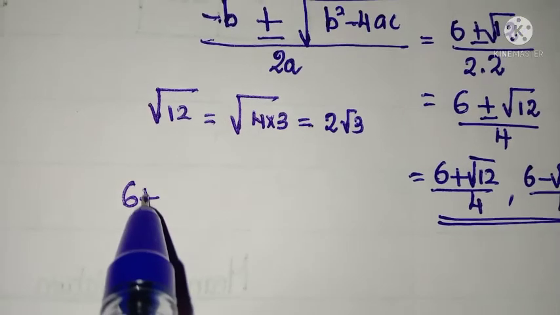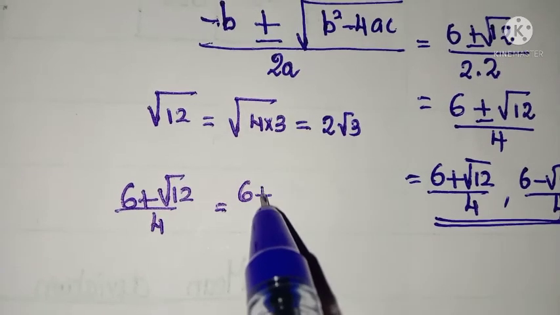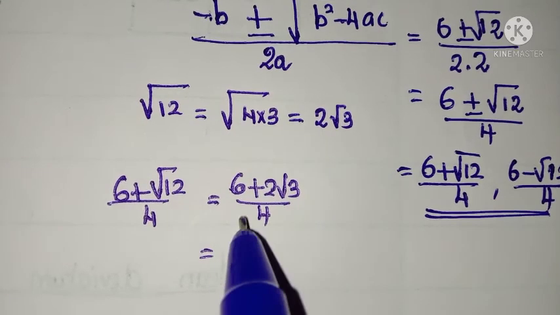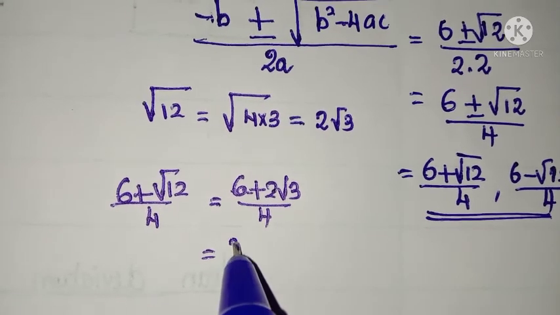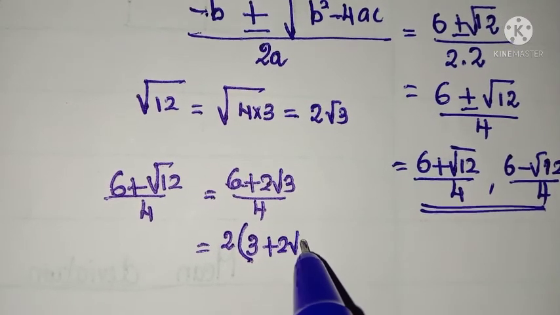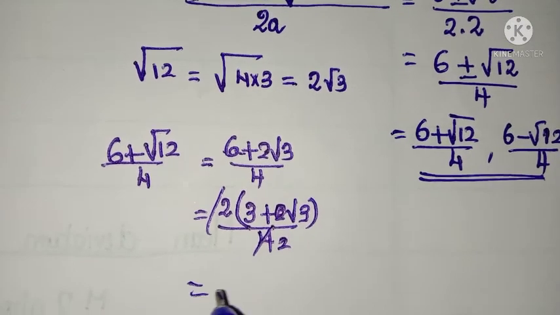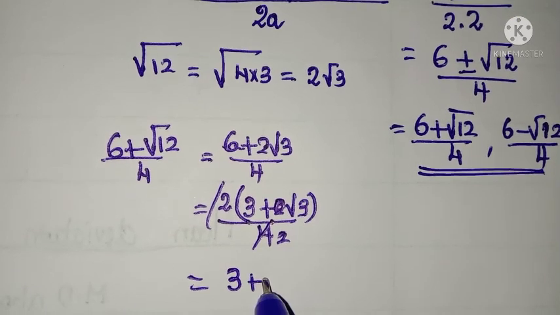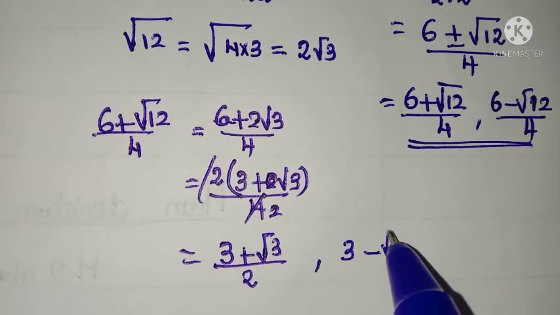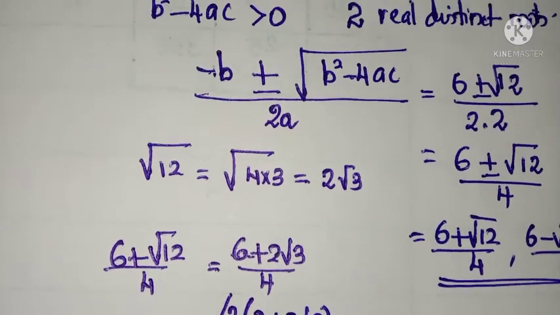So 6 plus root 12 by 4 can be written as 6 plus 2 root 3 by 4. Here we can cancel 2 because 2 is a common factor. So finally we got 3 plus root 3 by 2. Similarly 3 minus root 3 by 2. So these are the roots of the given equation.